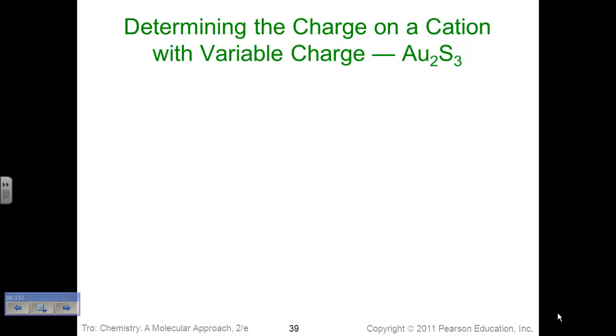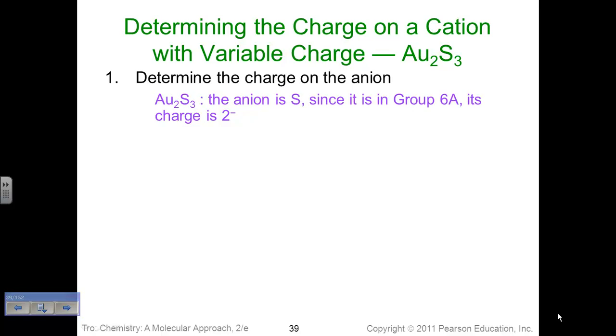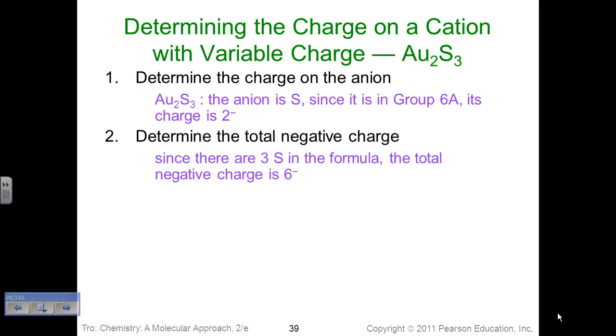Here's an example. I see a compound with the formula Au2S3. Step 1, we go to the periodic table and we find the name of the symbol Au. We go to the periodic table and we find the name of the element for S. The name of Au is gold.